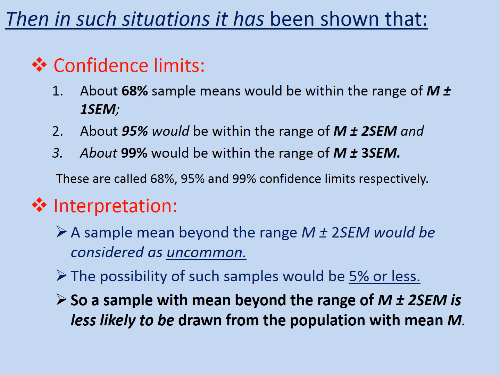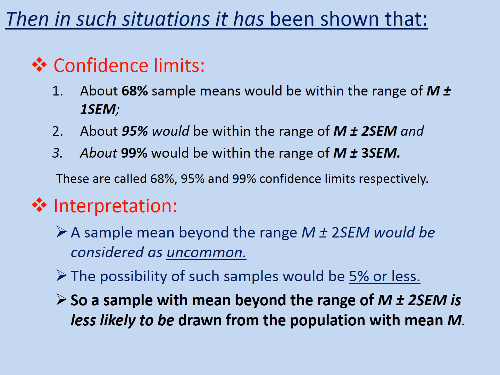And if you take mean plus or minus 3 SEM, that means 99% of the sample means will be within this range. Now you will say, sir, what is the interpretation of this, or what is the use of 68% of samples lying within the range of mean plus or minus 1 SEM, or what is the meaning of the 95% or 99% confidence limit?